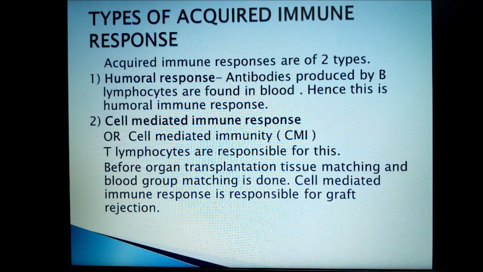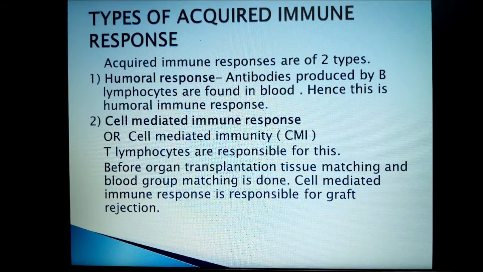Cell-mediated immune response is responsible for graft rejection. So, if the tissue antigens are not matching, say for example the liver transplantation is done and the antigens on the liver of the donor and the recipient are not matching, then that graft, that is the liver which is transplanted, will be rejected because the immune system gives the cell-mediated immune response, and the graft will not be accepted.